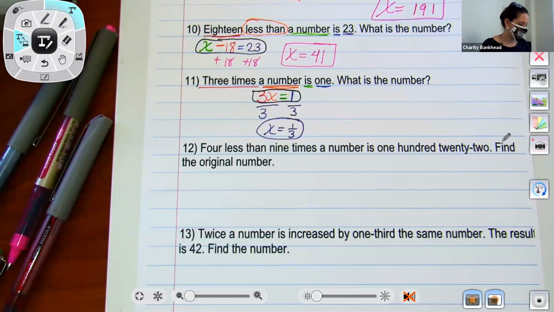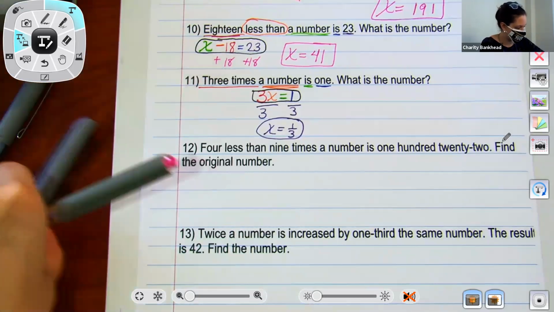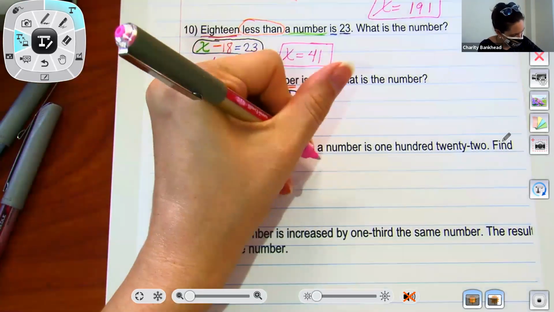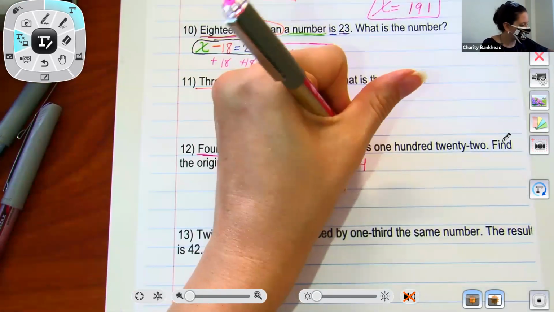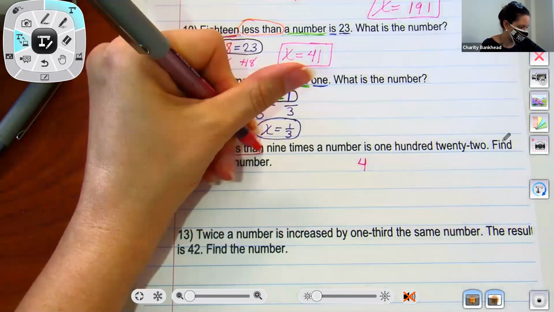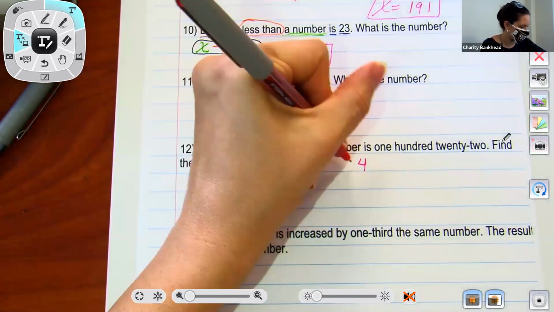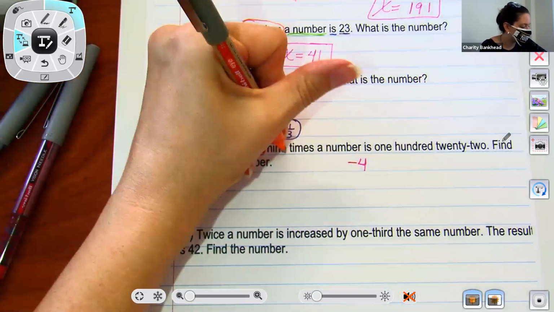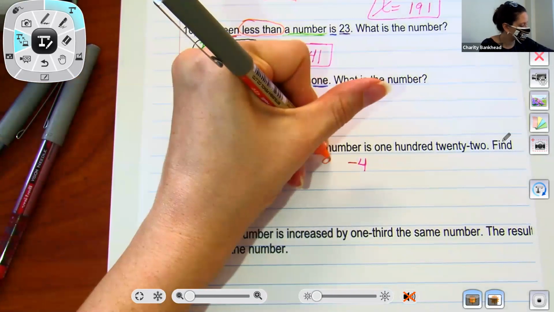Number 12 says 4 less than, so that's something minus 4.